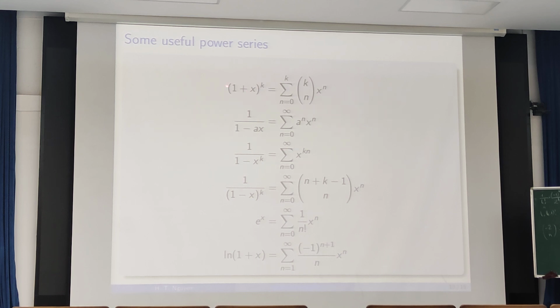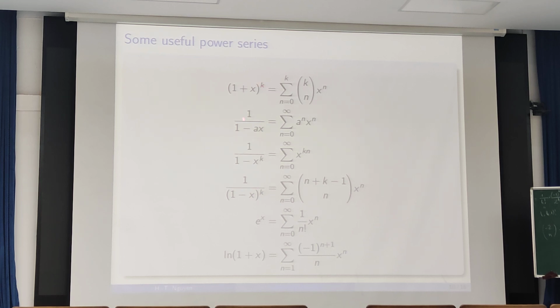Okay, so here, in fact, the first four identities are the same extended binomial formula, but applied to special cases. Okay, so the first one is the extended binomial formula applied for the case where the exponent alpha is a positive integer.